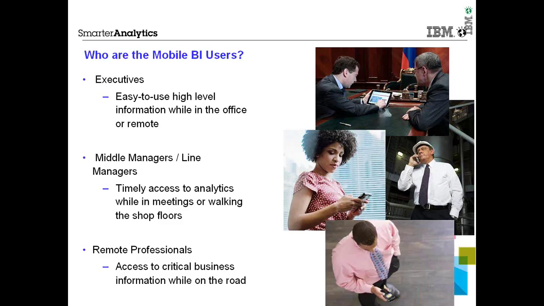So these are the kind of users who are actually eyeing the mobile technology. And in these three sets of users, I have almost covered the complete set of people who would be requiring the mobile technology to provide them the information, which in turn will enable them to take an informed decision.